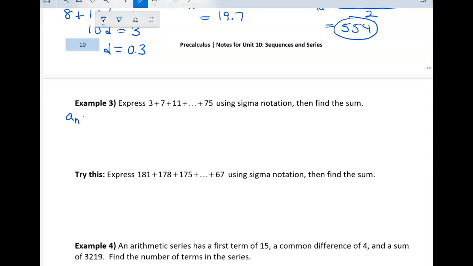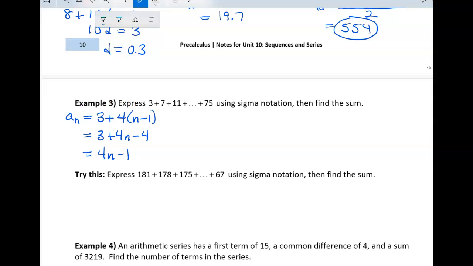So in general, the nth term of an arithmetic sequence is the first term plus the common difference times 1 less than the number of the term. Let's clean that up just a little bit using the distributive property. So that's going to give us 4n minus 1. The other thing that we do not know is how many terms are actually in this sequence.